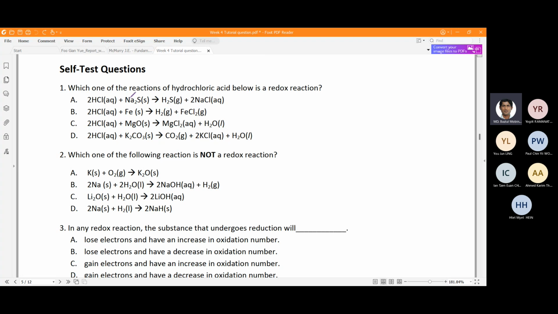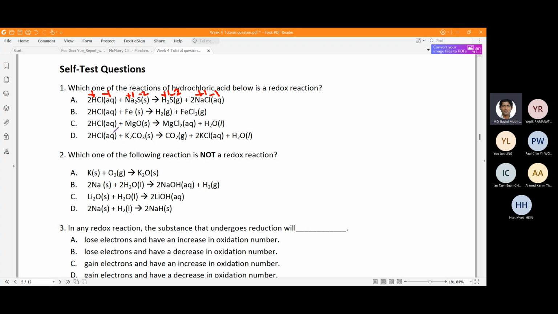Here, sodium is +1, sulfur is -2, hydrogen is +1, and chlorine is -1, right? So hydrogen is still +1, sulfur is -2, sodium is still +1, and chlorine is -1. So nothing has changed. So it is not a redox reaction, right?